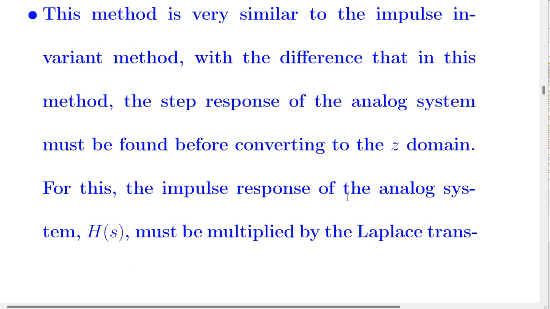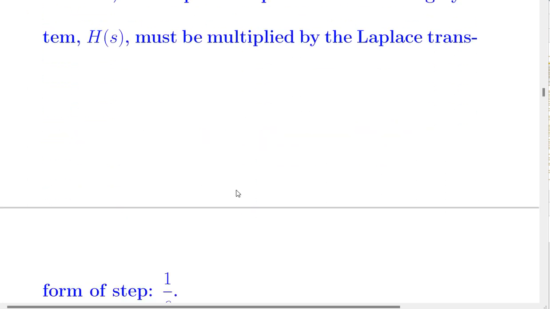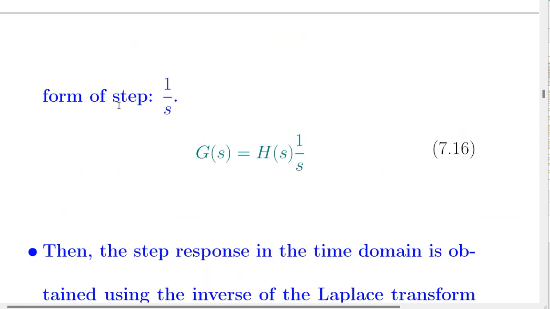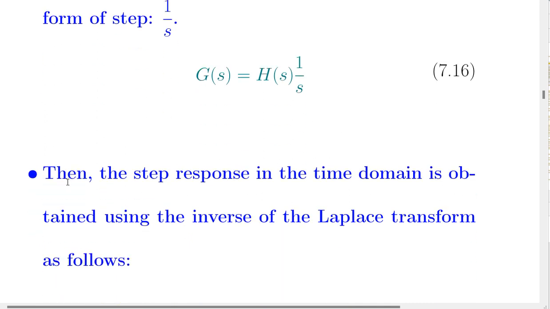For this, the impulse response of the analog system H of s must be multiplied by the Laplace transform of step, that is 1 over s. You just remember, integration or step is equivalent to 1 over s. What about derivative? It will be s times everything. Anyhow, G of s is equal to H of s times 1 over s because we are going to use step response. So that's the difference.